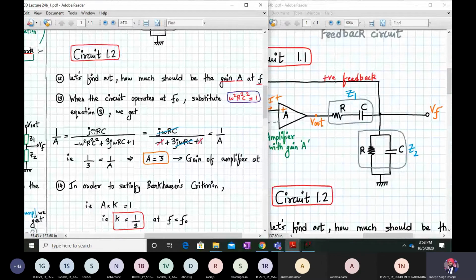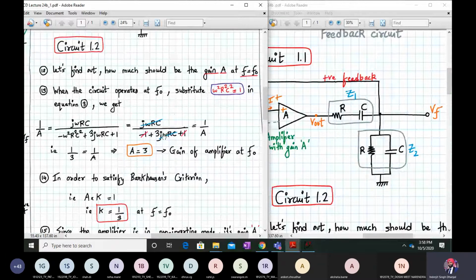So over here we need to substitute wherever there is a omega square r square c square, substitute it as 1. So if you substitute it as 1, we actually get this term. 1 and minus 1 gets cancelled out, and also j omega rc gets cancelled out. So we'll get 1 upon 3. That is 1 upon 3 should be equal to 1 upon a. So a should be 3.